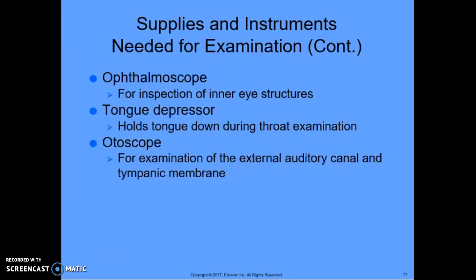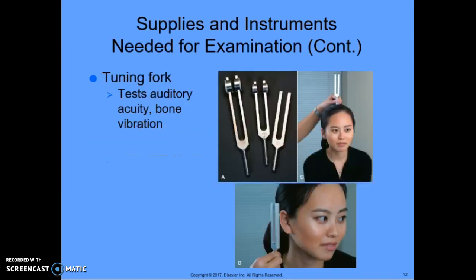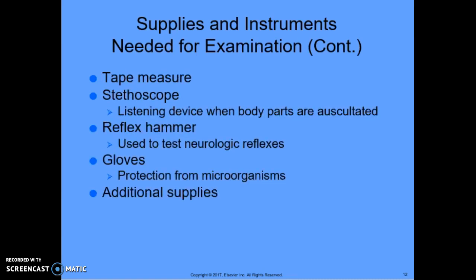So here are some supplies that we saw in that last image. We have an ophthalmoscope, a tongue depressor, an otoscope, a tuning fork, tape measure, stethoscope, reflex hammer, gloves, and there were some additional supplies such as the lubricant.